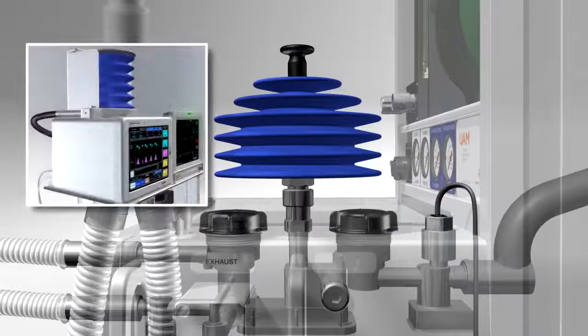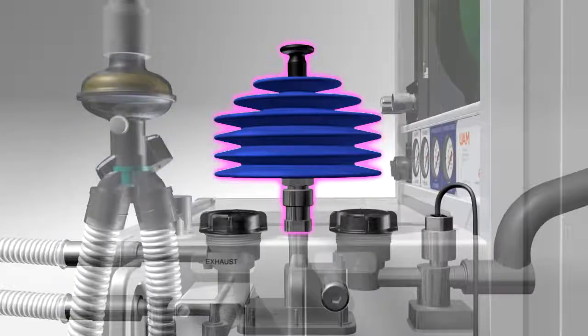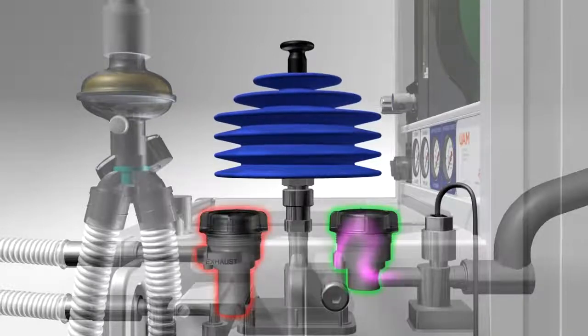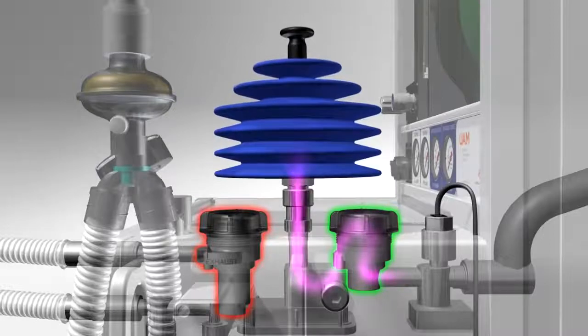The UAM supports both automatic and manual intermittent positive pressure ventilation, or IPPV. The bellows between the one-way valves are used for manual IPPV. When the bellows are raised, gas flows through the first non-return valve into the bellows.